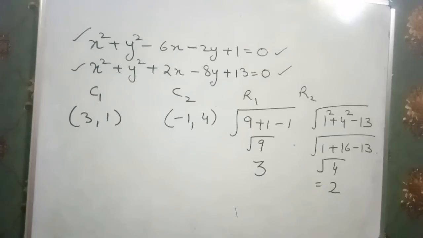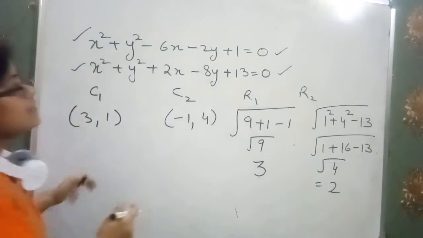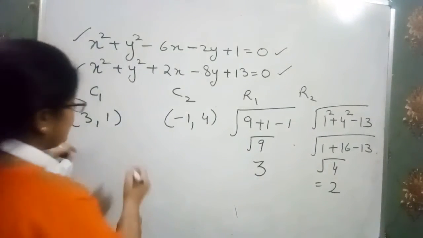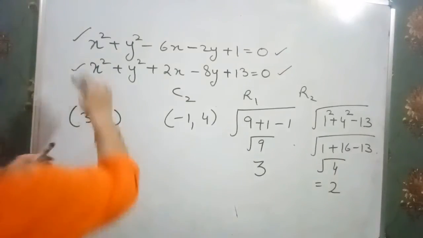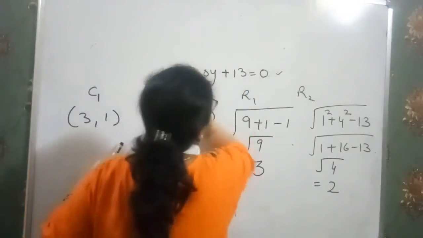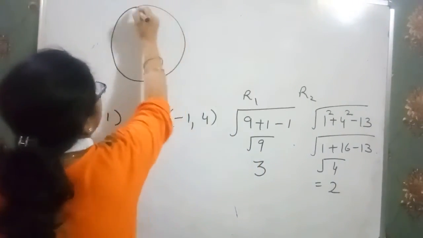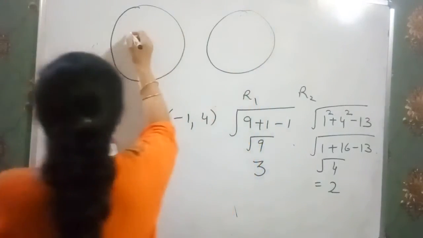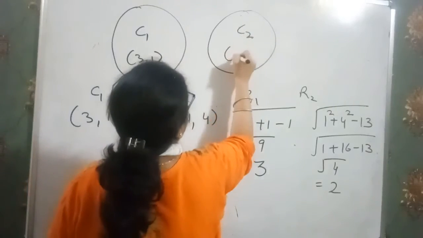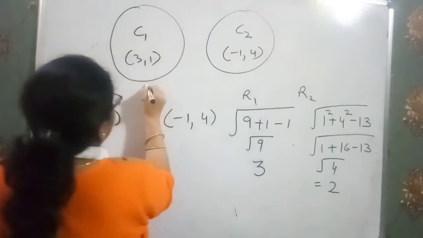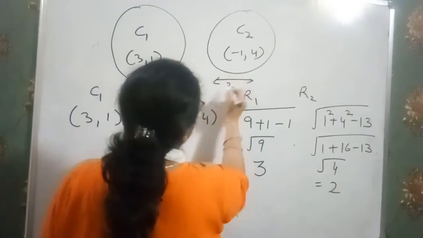So now we have found the centers and radii of the two circles. Pictorially I can explain it in this way: there are two circles, having center C1 (3, 1) and center C2 (minus 1, 4), and the radius of this circle is 3 and the radius of this circle is 2.